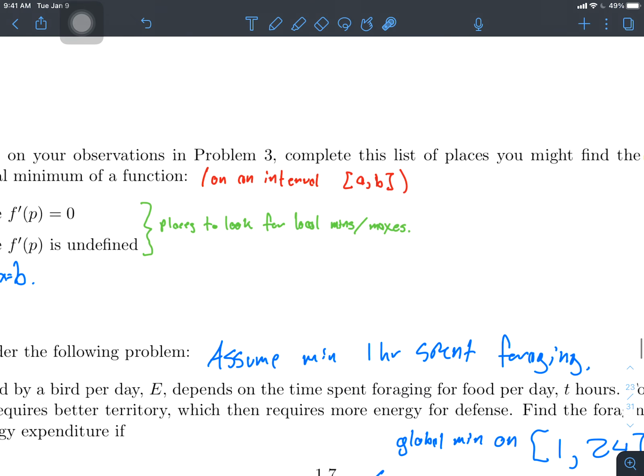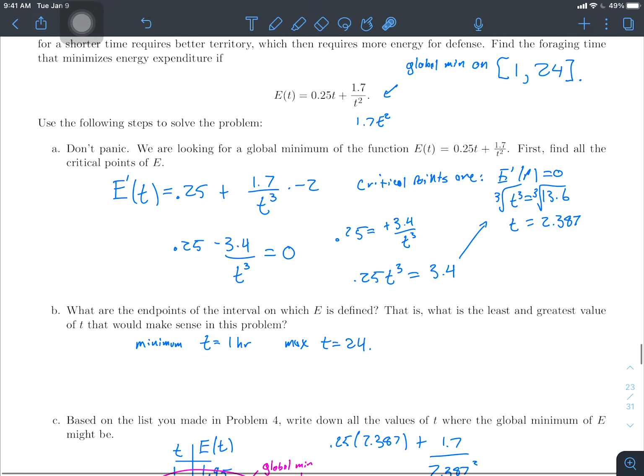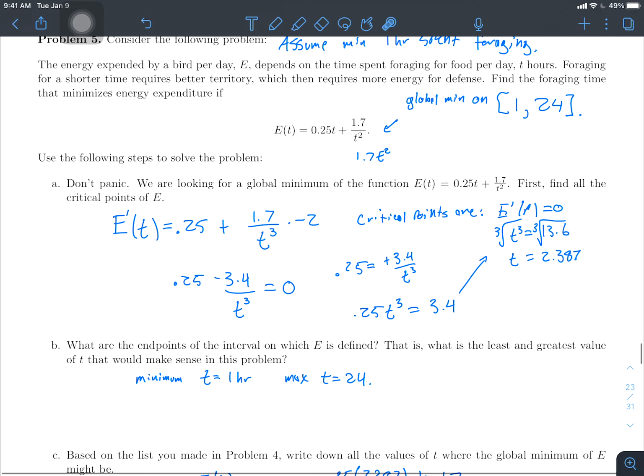The function e here, what does it tell us? I plug in a number t and it tells me the amount of energy that's expended.